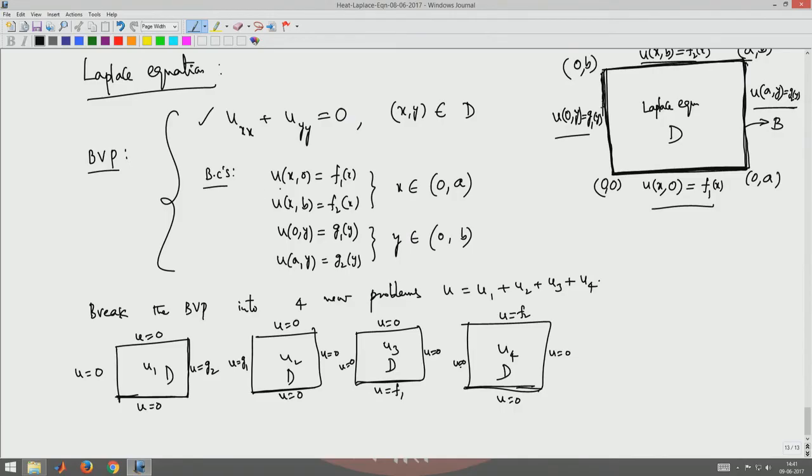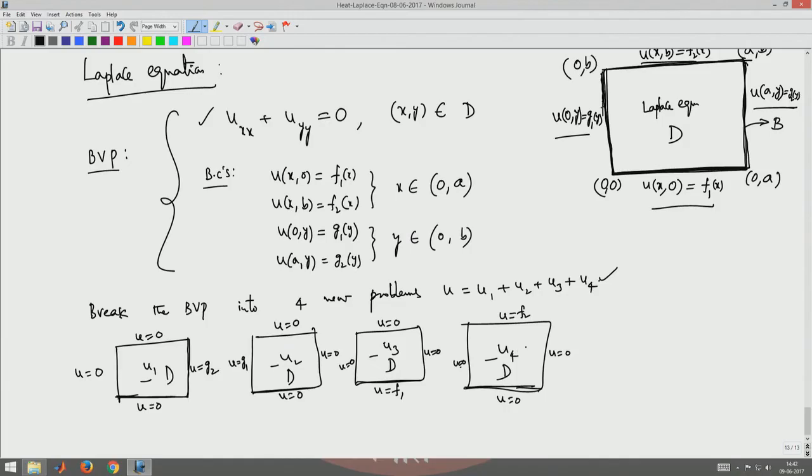Now, if you combine all these problems together, they still satisfy the Laplace equation because it is a linear equation. So you break this boundary value problem into 4 new problems, u1, u2, u3, u4, such that they satisfy the Laplace equation.